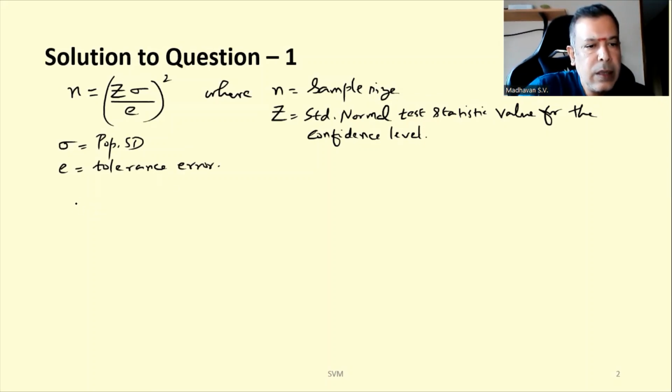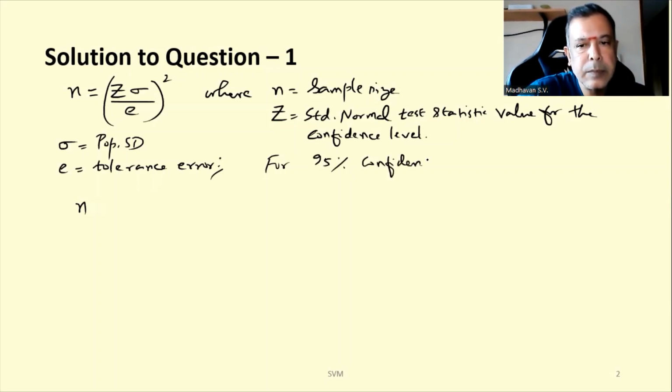So here, for 95%, in this question they said 95% confidence level, Z will be 1.96. So n will be now Z, which is 1.96, multiplied by the standard deviation.